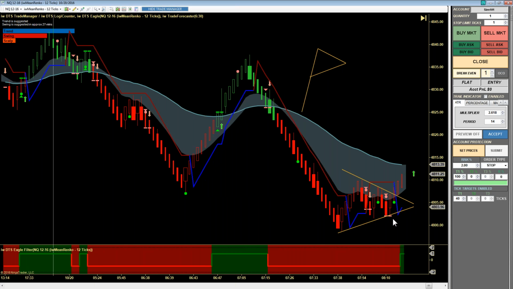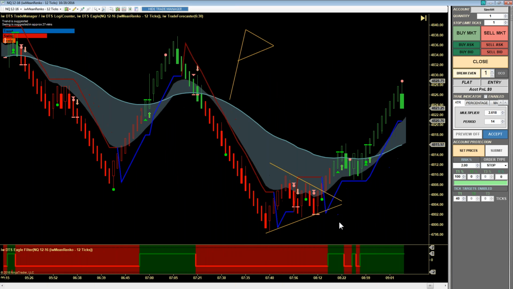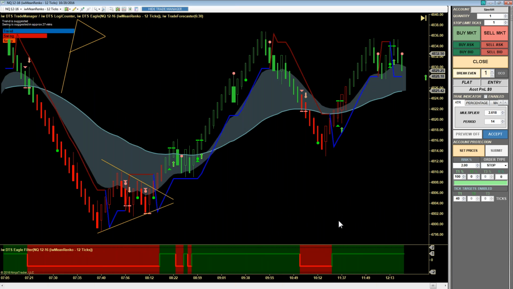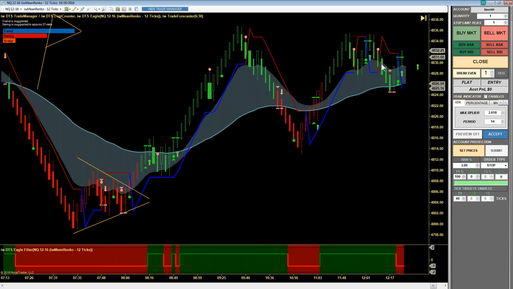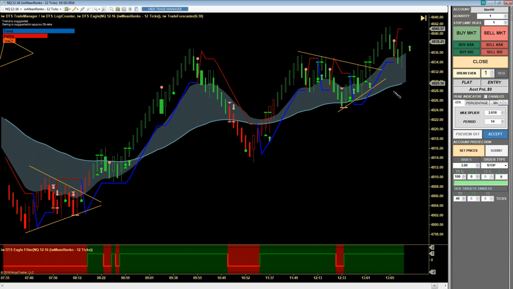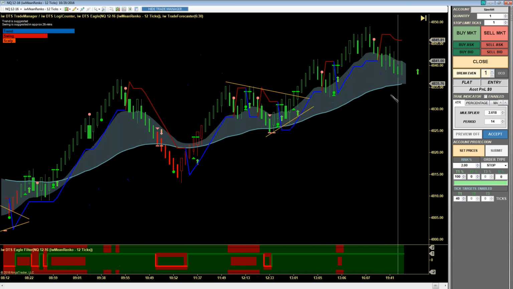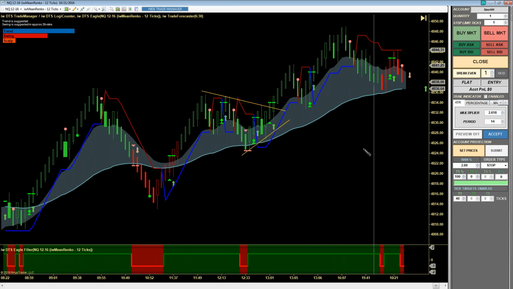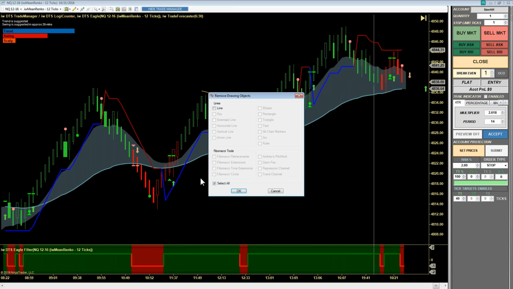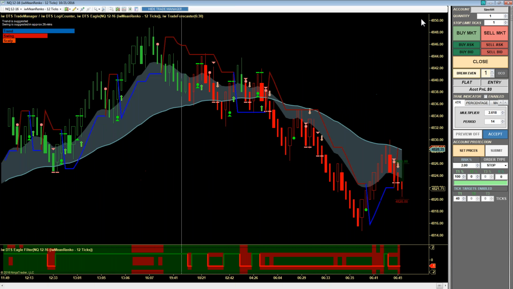But you see, here's an example where it reversed and went the other way. And then a little while later, we had one form right here. And that did continue. Those are just rules of thumb, of course, to keep in mind.